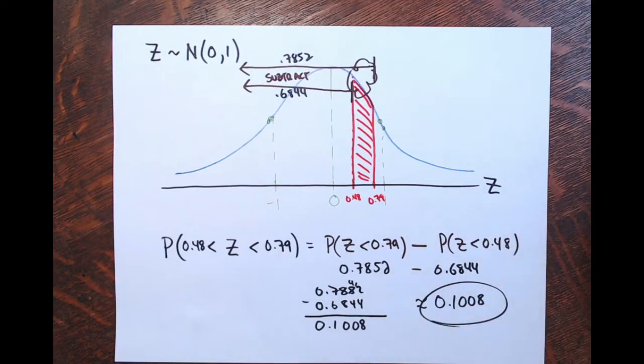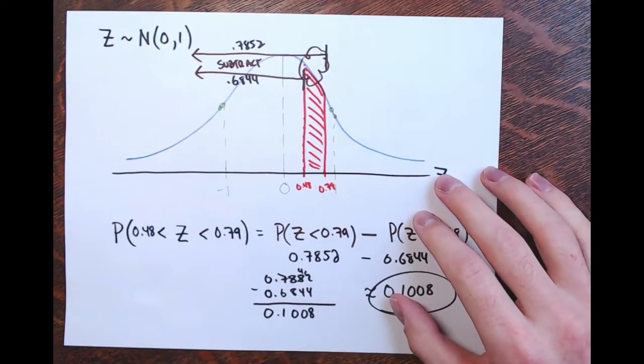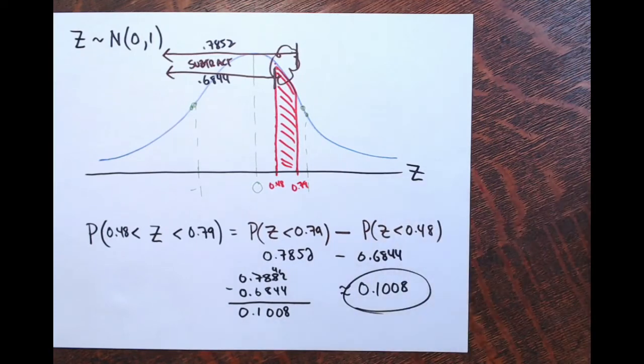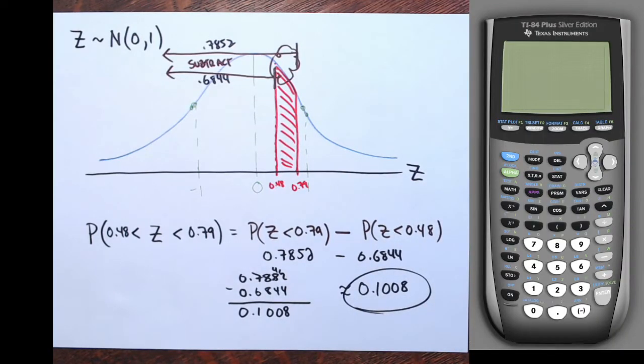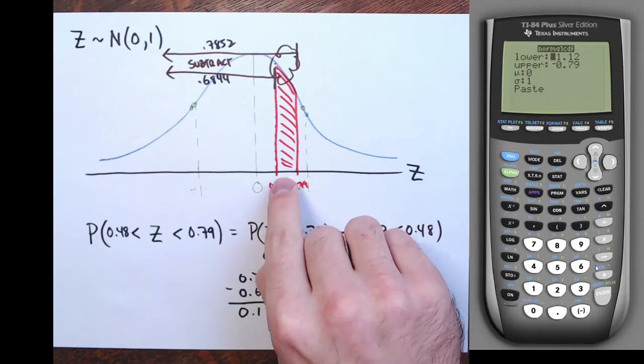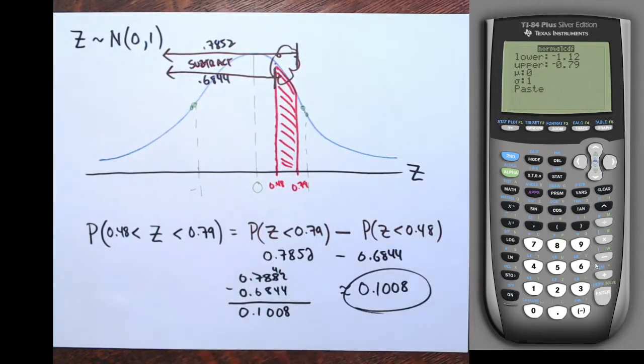All right, now I could have also again brought the calculator up, and if you want, I would try doing this by hand. Try doing this with the tables at least once, just to get used to reading the tables. Let me go to the calculator here. So again, I go to that second distributions, normal CDF, right? Normal CDF. The first value I'm going to enter is the lowest value in this region I'm trying to find the area of, which is 0.48.